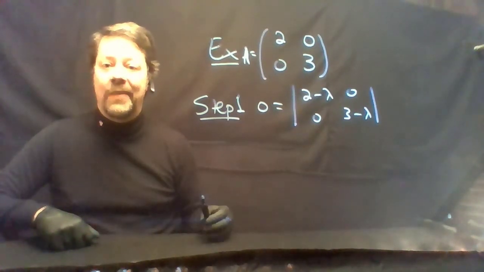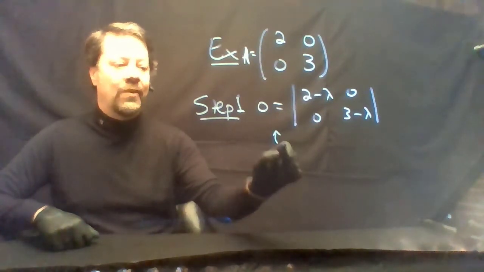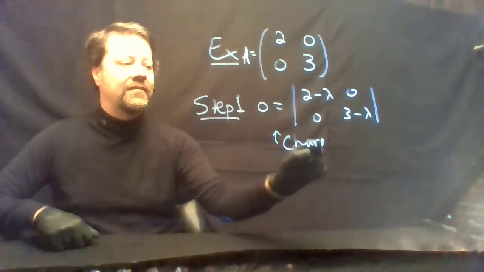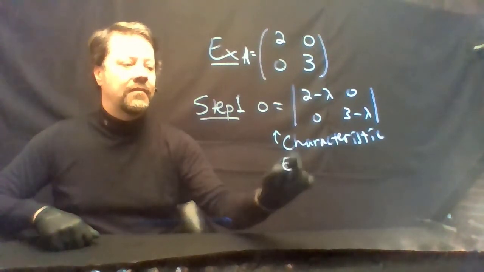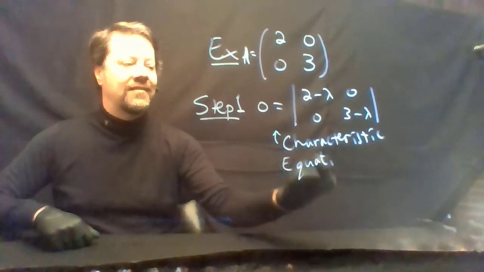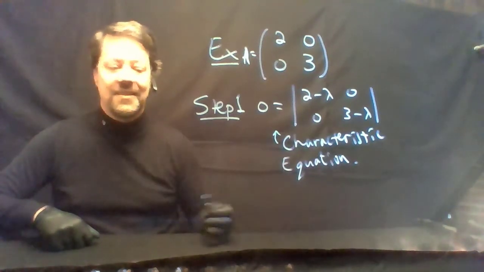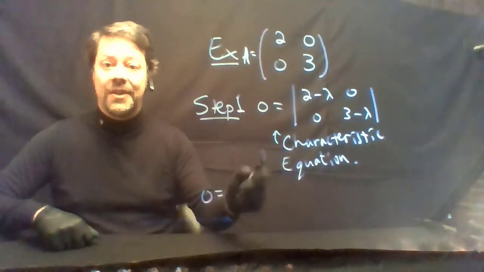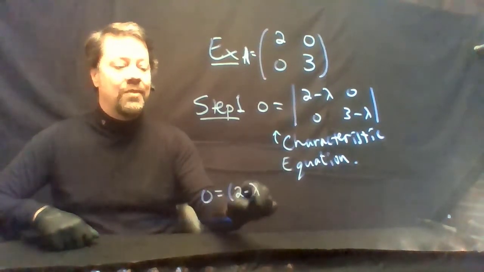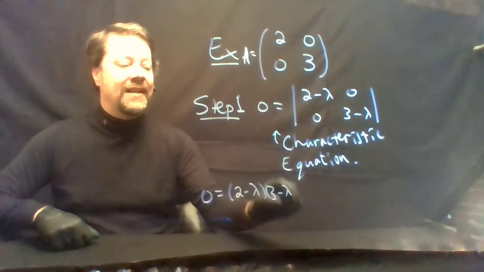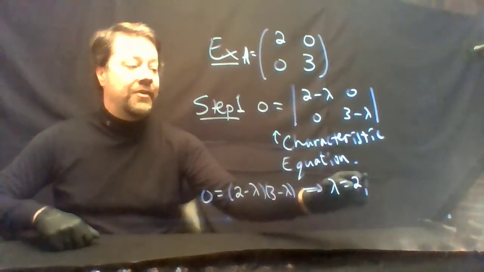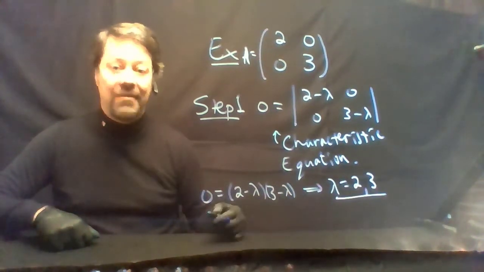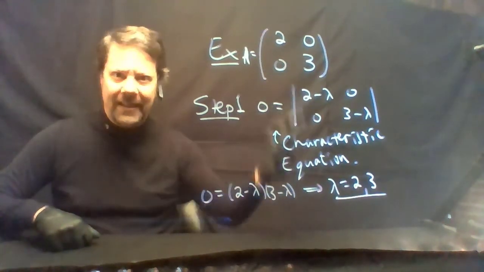This equation, by the way, is called the characteristic equation. In this case, the characteristic equation is particularly simple. It's (2 minus lambda)(3 minus lambda), which immediately implies that the eigenvalues are 2 and 3, the diagonal elements.